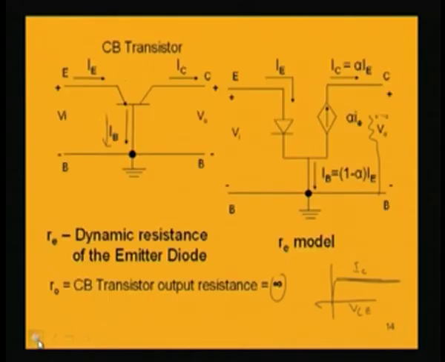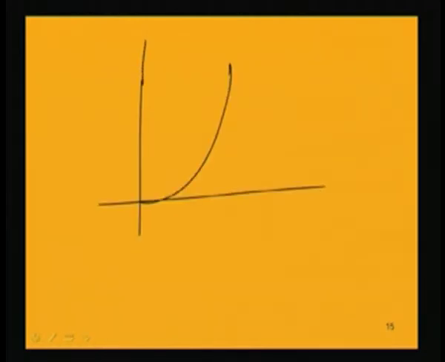Because if we consider the input characteristic of the diode, the characteristic is like this, that is input current, input current is IE here versus the emitter to base voltage, that is what we are having in the input characteristic, VEB and IE. Now, this characteristic is forward bias diode characteristic.